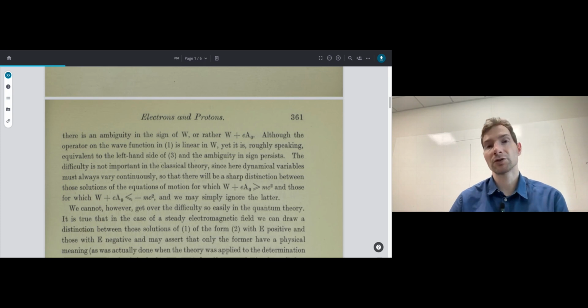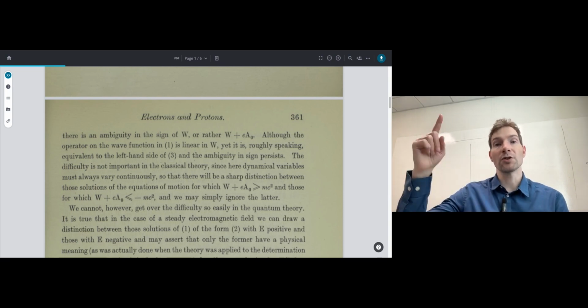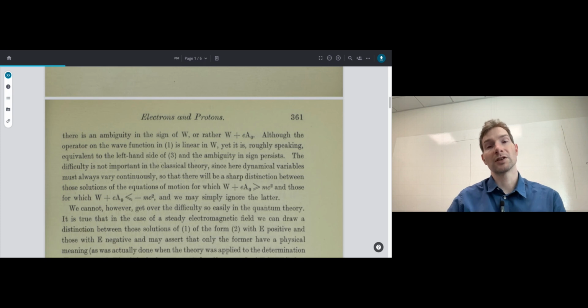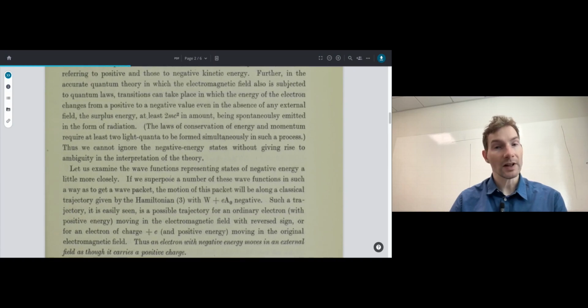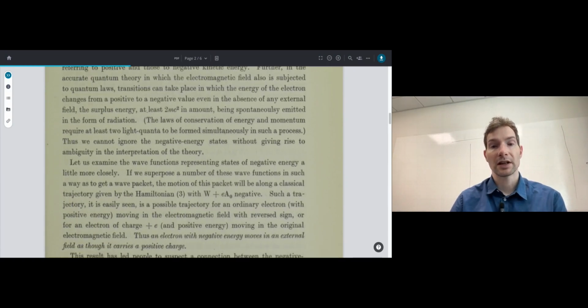But here he says we can't do that, because in my theory, and in fact in the quantum theory, when we play a bit with it, we see that in an electromagnetic field we can have states that oscillate back and forth between these positive and negative energy states. So we can't claim that negative energy states are never accessed. They are accessed, at least as far as the quantum theory is concerned, and therefore he reaches a conclusion a bit lower, that we can't ignore these negative energies.